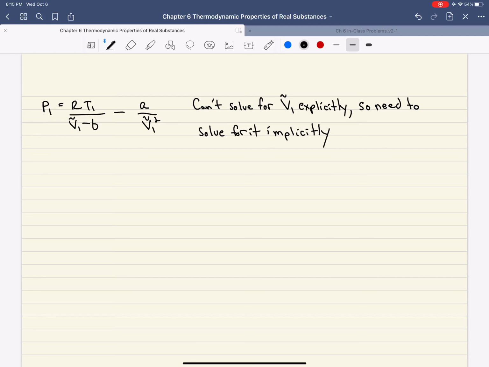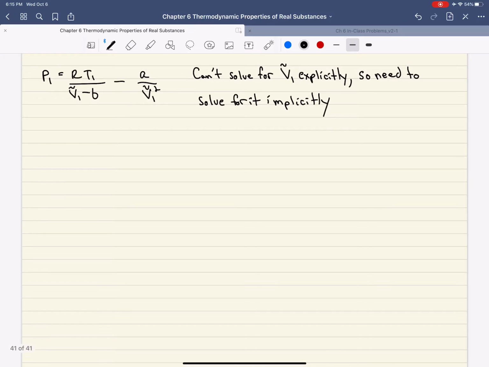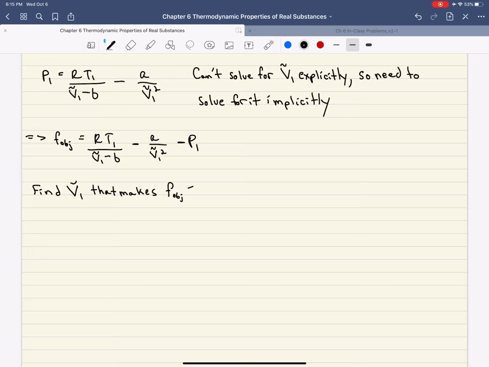To do this, we'll use the approach that you learned about in your computations class, where you just define an objective function, where you just rearrange your equation implicitly, and then you apply your numerical method that finds the value of v1 that makes your objective function equal to 0.